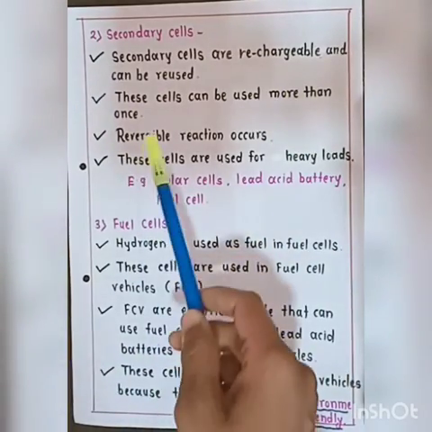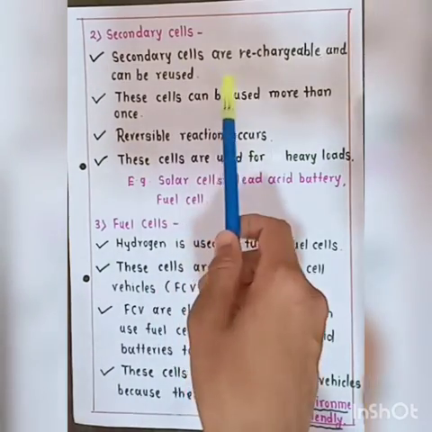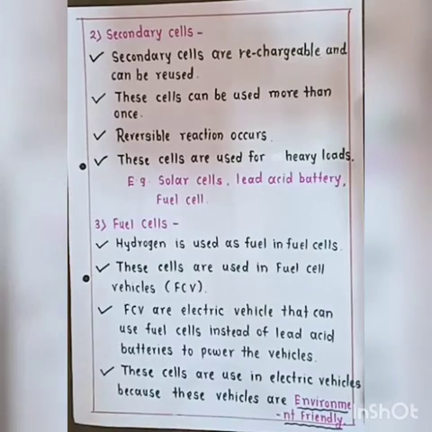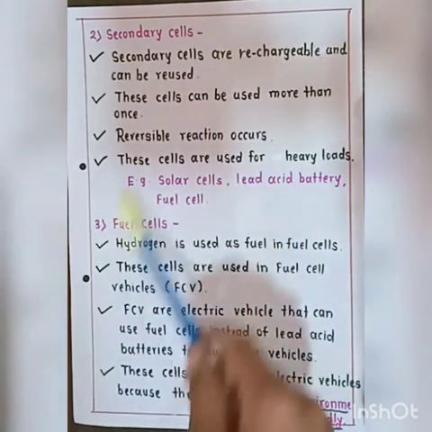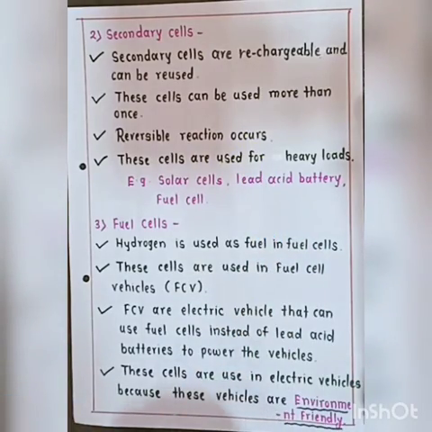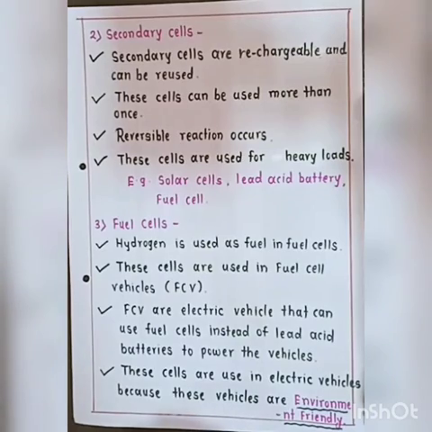In secondary cells, a reversible reaction occurs, because there is charging and discharging of the cell. These cells are used for heavy loads like vehicles, especially four-wheelers.